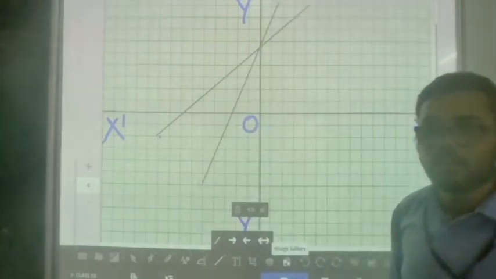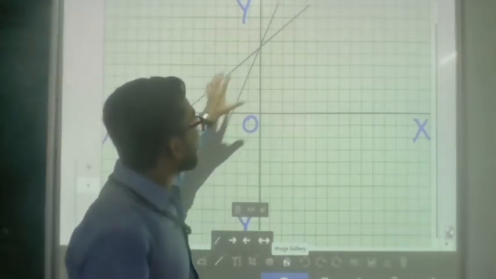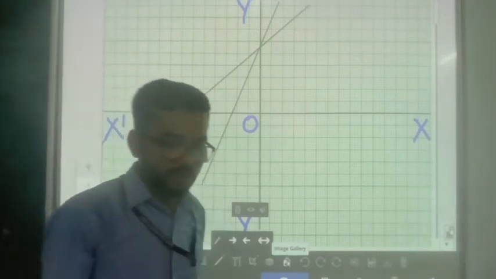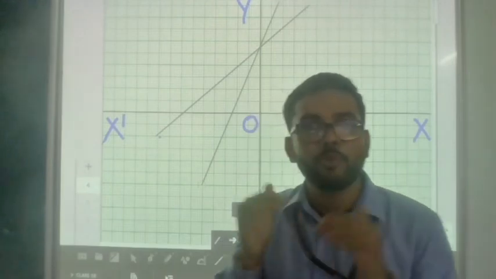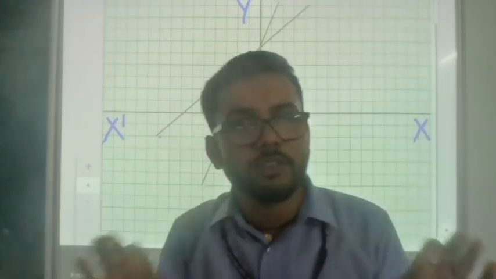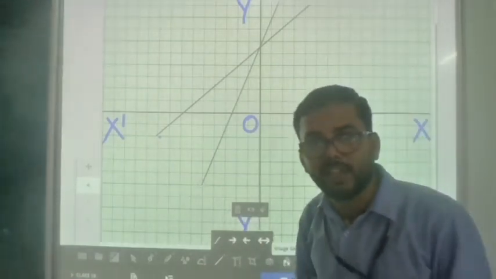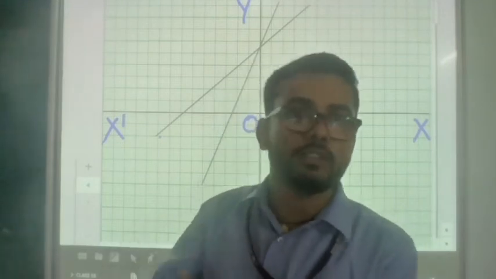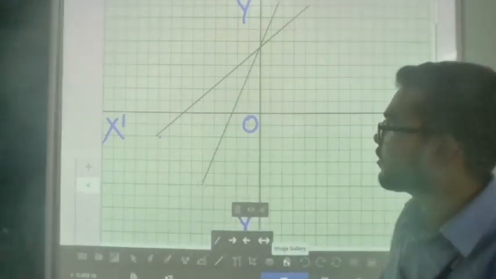Here you can see that these two lines, the graphs of two equations, also intersect. I will give you an example so that it will be clearer. Just understand the concept. I am just recalling the concept; all these things you have already learned in class 9, so that you can better understand the concepts I am going to deliver in the next session.